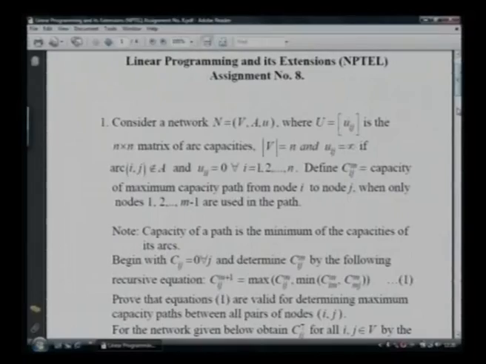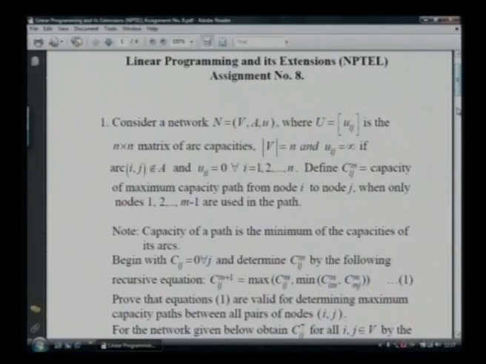Therefore the recursive equation is a simple modification of the Floyd-Warshall equation. Here Cij^m, as we said, is the maximum capacity of a path from node i to node j when only nodes 1 to m minus 1 are used, exactly the same way as we defined for the Floyd-Warshall algorithm, but here we are talking of the capacity. So up to m minus 1 nodes have been used. Now when you want to include the node m, you compare Cij^m, which does not include node m, with what you get when you include node m, that is Cim^m and Cmj^m.